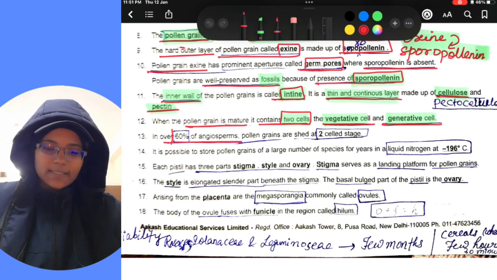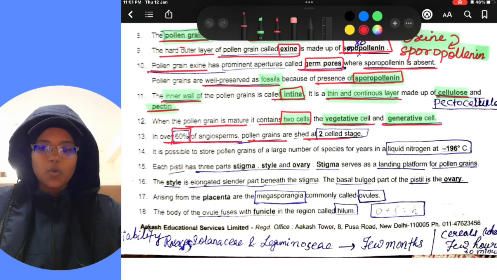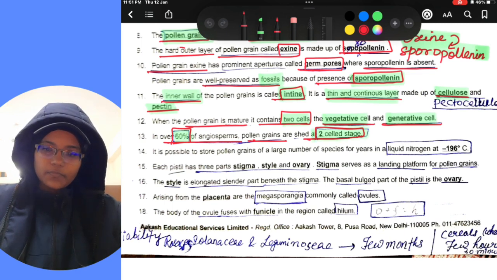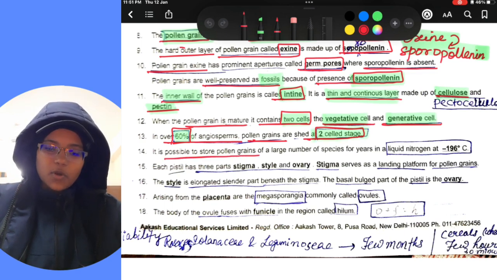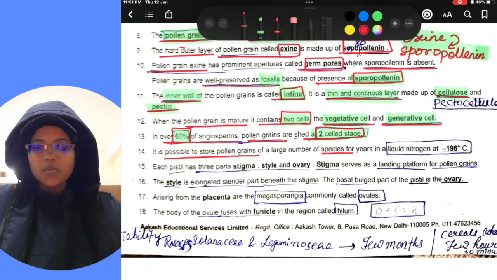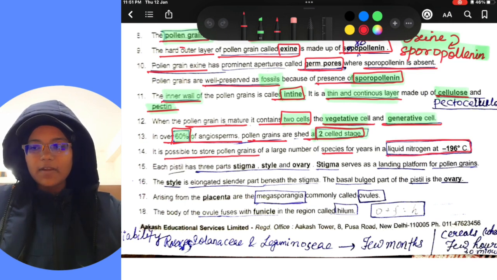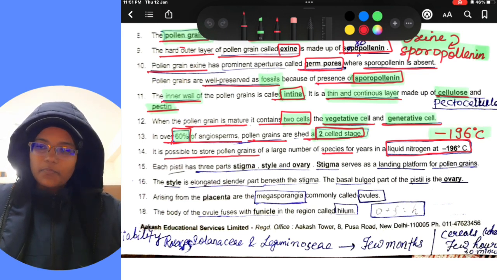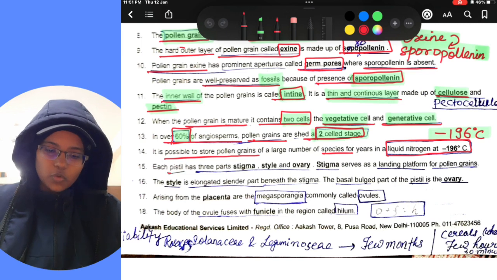In over 60% of angiosperms, pollen grains are shed at the 2-celled stage. It is possible to store pollen grains of a large number of species for years in liquid nitrogen at minus 196 degrees Celsius.